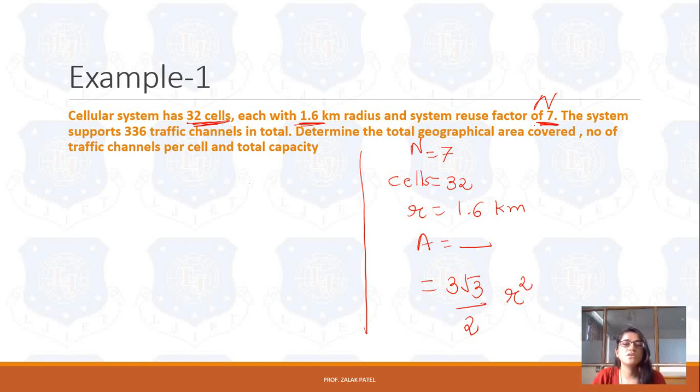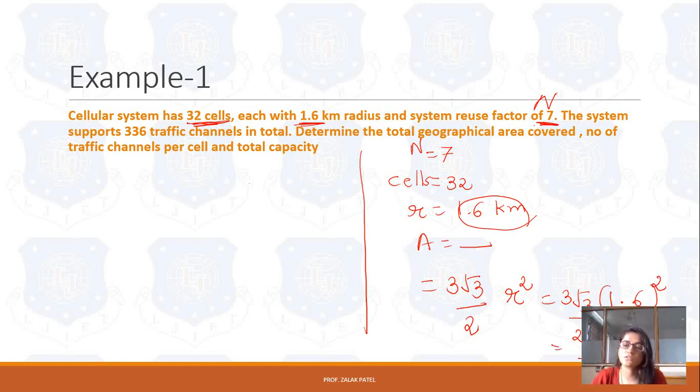Here the radius is 1.6 kilometer, so the area will be in kilometer square.